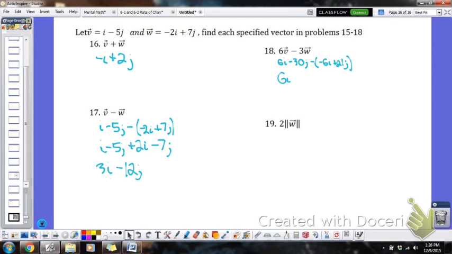Wait, that is, 6i minus 30j plus 6i minus 21j, giving me 12i minus 51j.